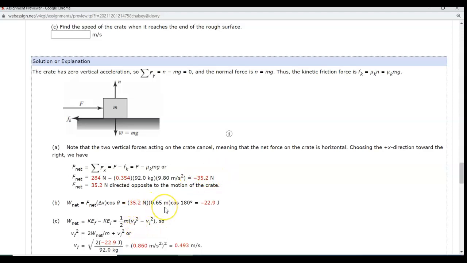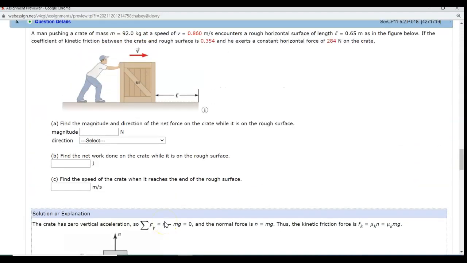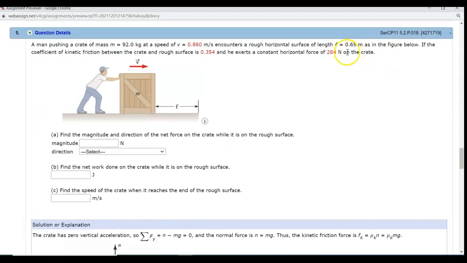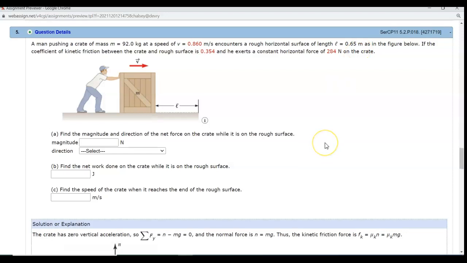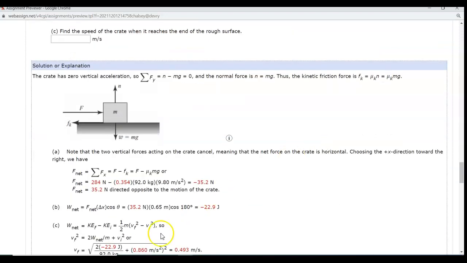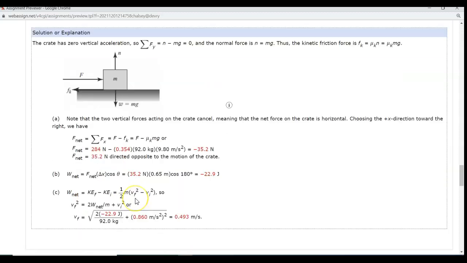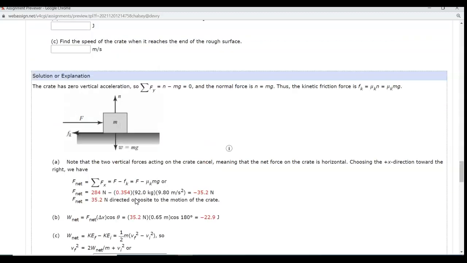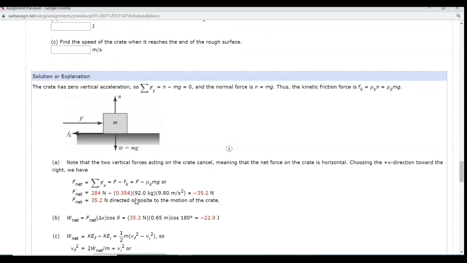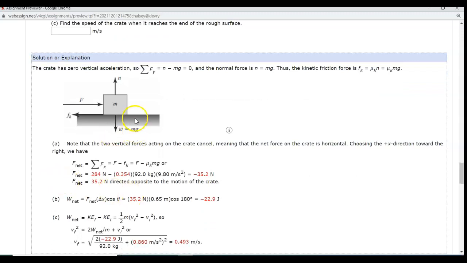The change in the x direction was given as L, 0.65 meters, and the cosine of 180 degrees, because we're looking for the work done on the rough surface.